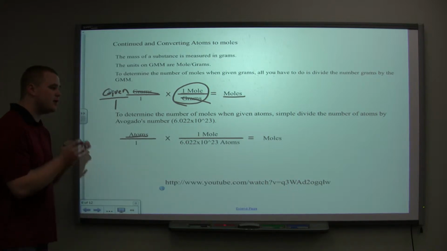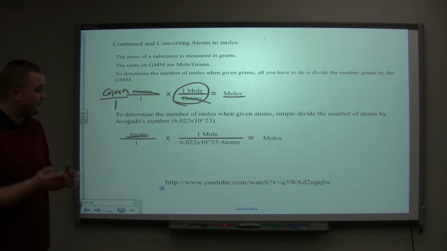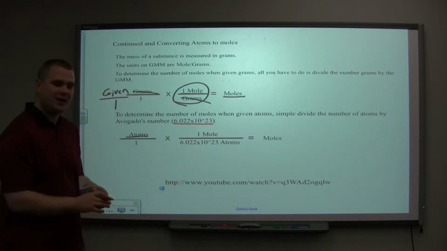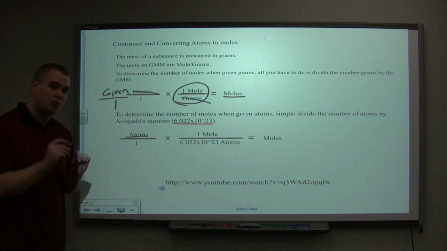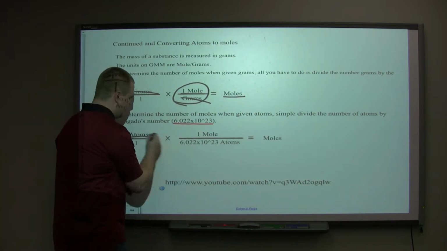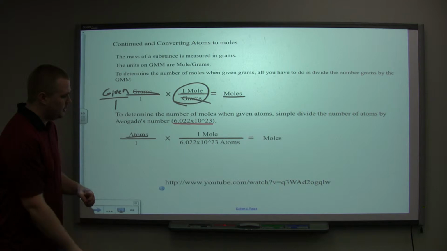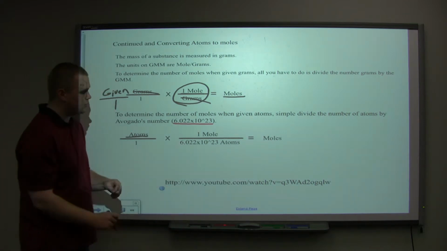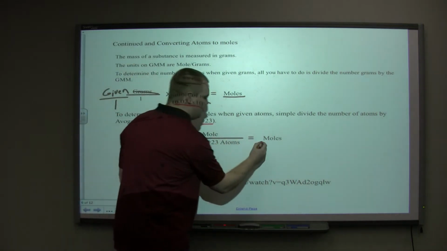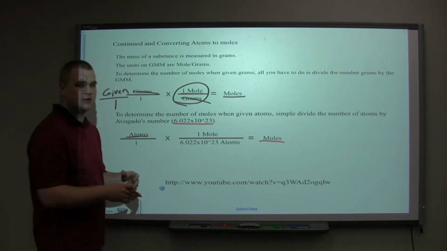Well, here's where Avogadro's number comes in. That's the number, 6.022 times 10 to the 23rd. That's the number of atoms per mole. You might want to remember that. So, take the number of atoms you're given and divide it by 6.022 times 10 to the 23rd, and you're going to get the moles that those atoms make up.